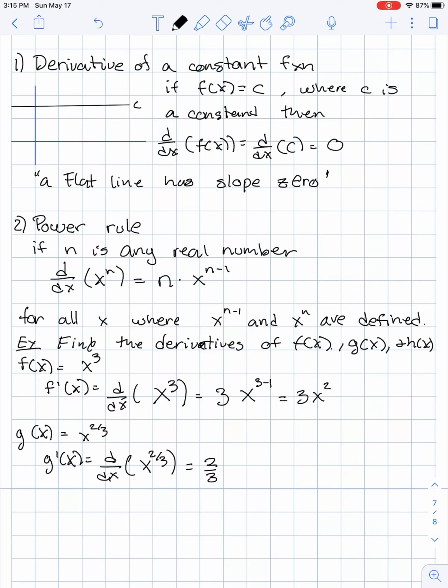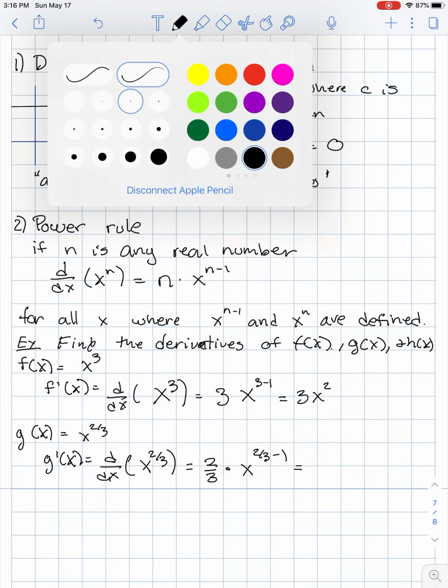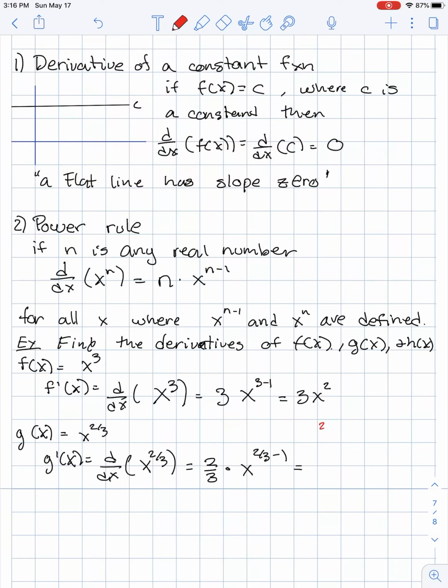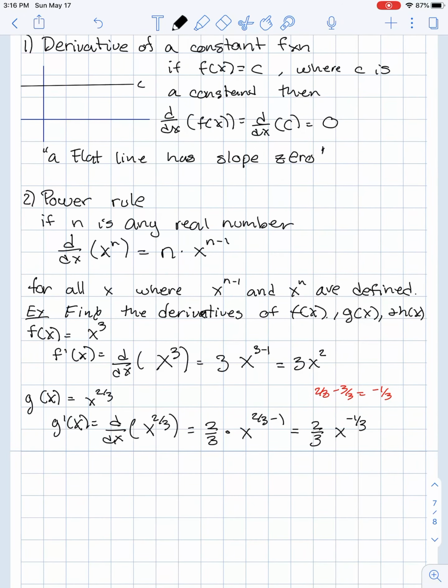So now my exponent is 2/3, so that's going to come up front. 2 divided by 3 times x to the 2 divided by 3 minus 1. 2/3 minus 1. Let's do that. Minus 3 over 3. It's negative 1 over 3. Alrighty? So I'll have 2/3 x to the negative 1/3.